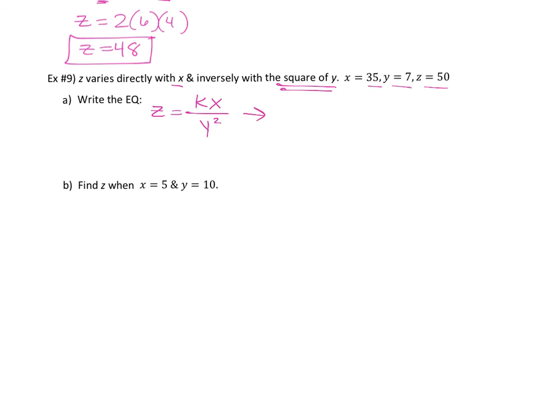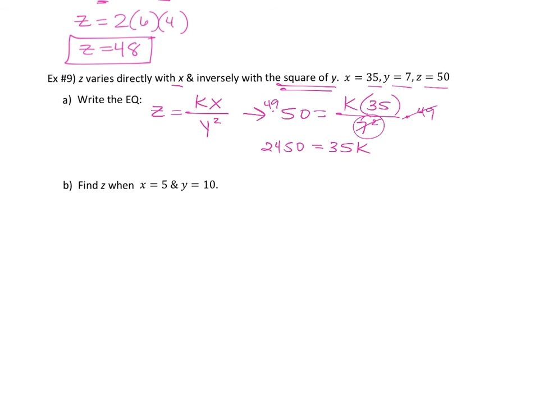So plug those in. z is 50 equals k times x, which is 35, over y squared, 7 squared. Okay, now we just solve for k. So this is 49. We're going to multiply by 49 on both sides. So 49 times 50, we get 2,450. This simplifies to 1.